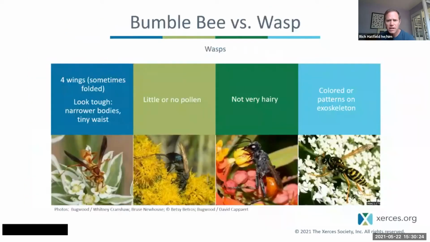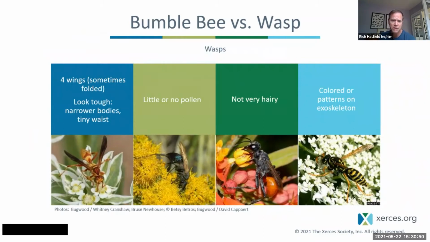Another animal you might mistake for a bee, probably not so much a bumblebee, but a bee, is a wasp. But most wasps are going to look very different from bumblebees, and you're not going to find yourself confused in this way. But wasps are very closely related to bees. They're in the same order, and they also have 4 wings, or 2 pairs of wings.